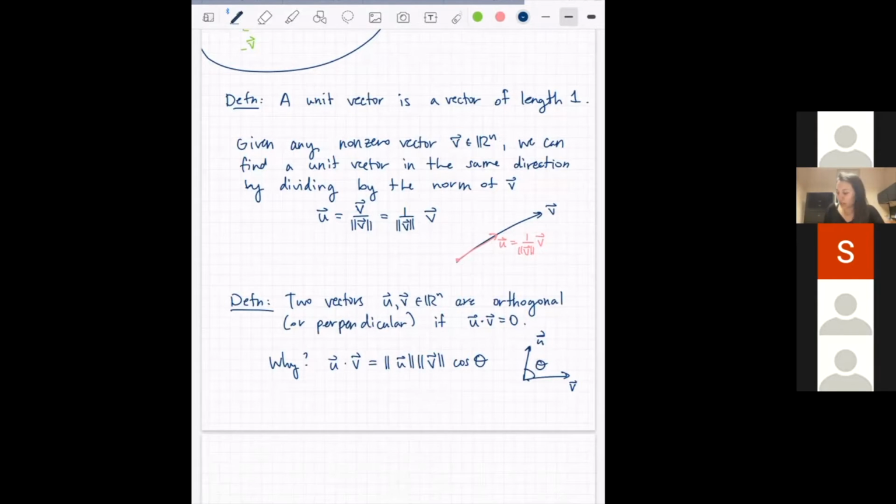Okay, so if we're assuming this, which we'll get to in a second, showing why this is true, if we do have a right angle between those two vectors, so if theta is equal to pi over 2, then cosine of pi over 2 is 0, and we see that u dot v is equal to 0.